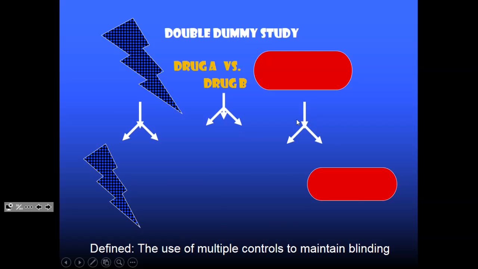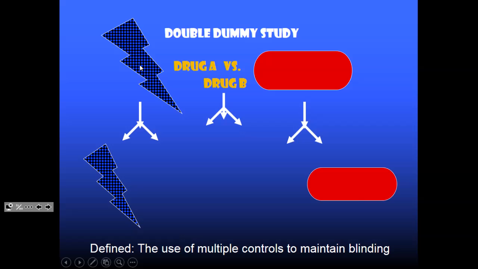So, just understanding this. And here's your example in what we call a double dummy study. Double dummy is the use of multiple controls to maintain blinding. So here you've got your vitamin C12, your oral, and your vitamin B12, which is injectable. How do we compare this? Because if you walk into the pharmacy and we give you the red pill, we know you're getting the red pill.